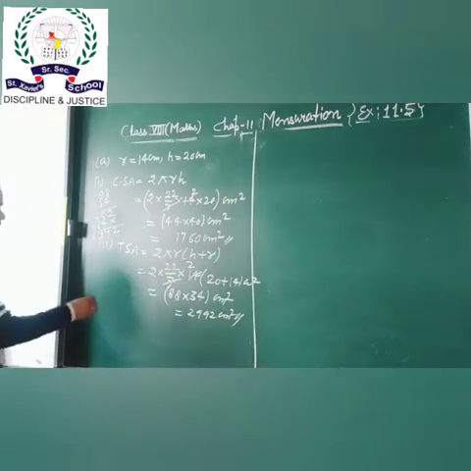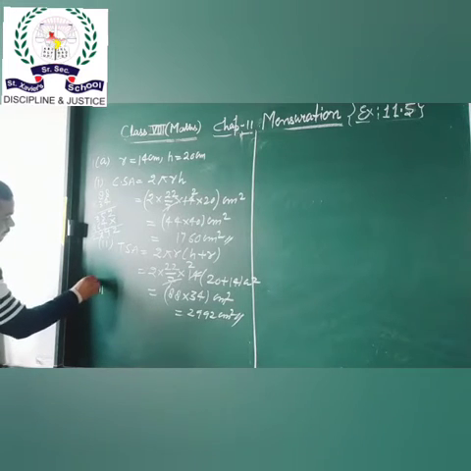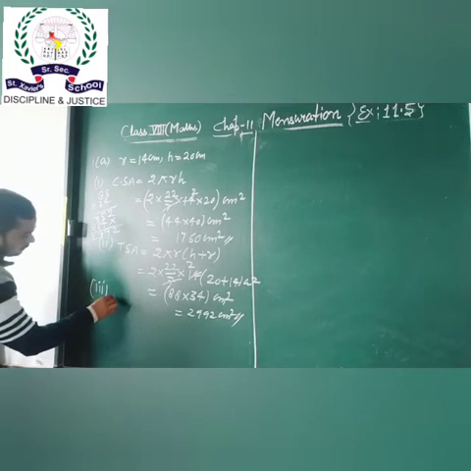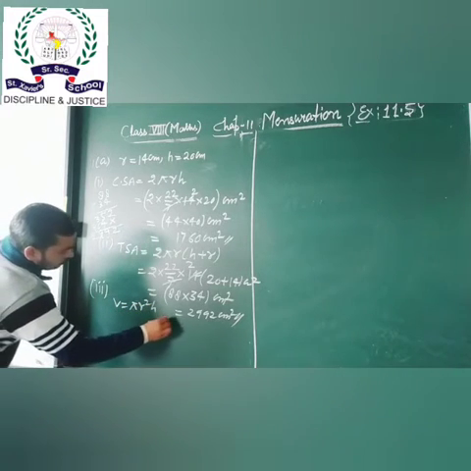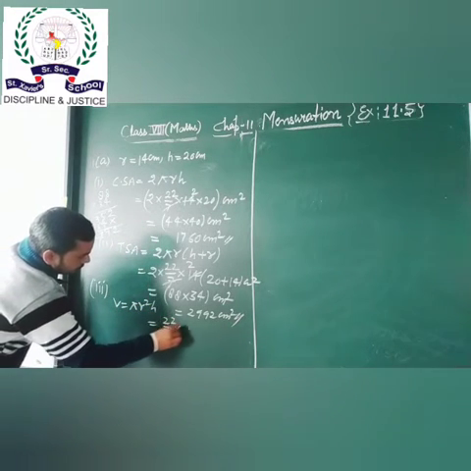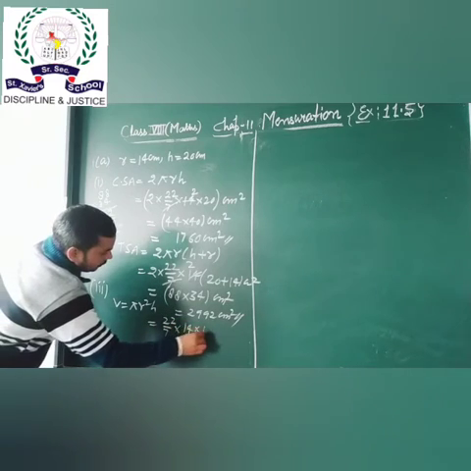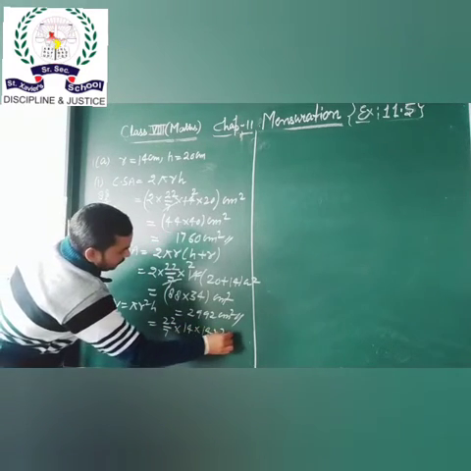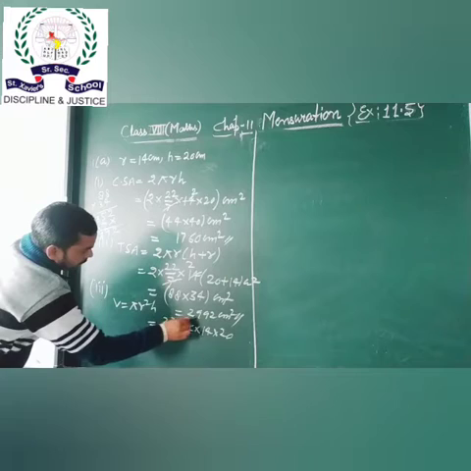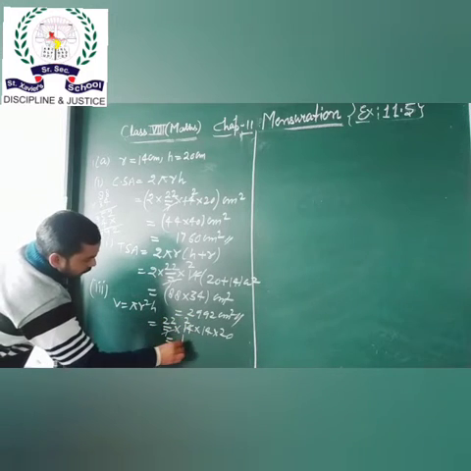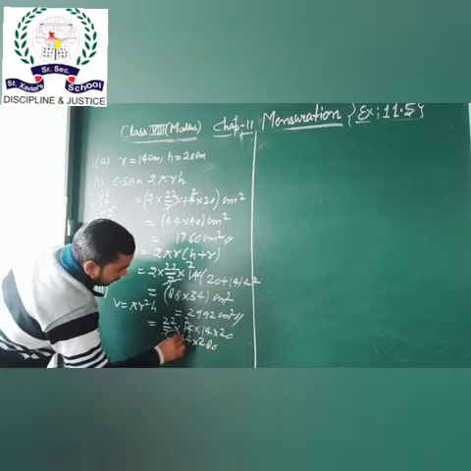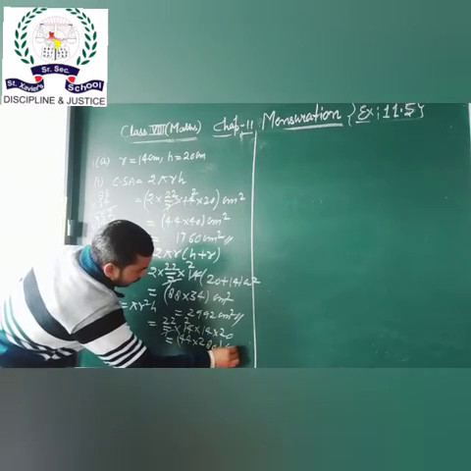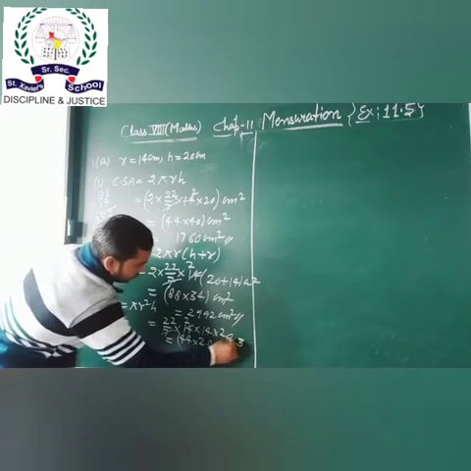Then find the volume of the cylinder: pi r square h. So 22 upon 7 into 14 into 14 into h, which is given as 20. 7 into 14 leaves 2, 22 into 2 is 44, into 280 centimeter cube.